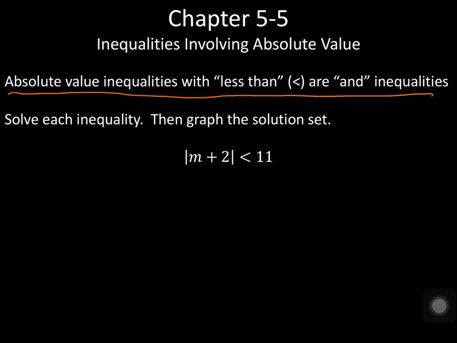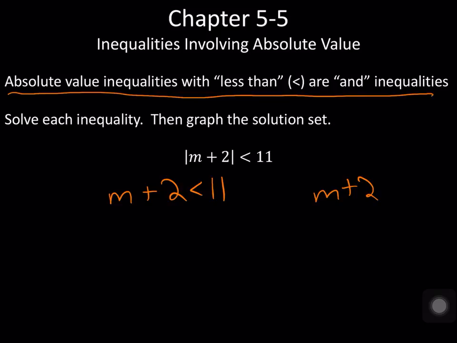And just like we did with equations, the expression in the absolute value doesn't change. So n plus 2 is going to be n plus 2 wherever we put it. One situation that we solve looks exactly like our original inequality, except we drop the absolute value bars. So n plus 2 less than 11 will be one of the scenarios that we solve.